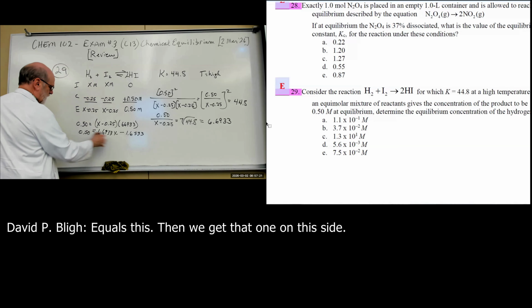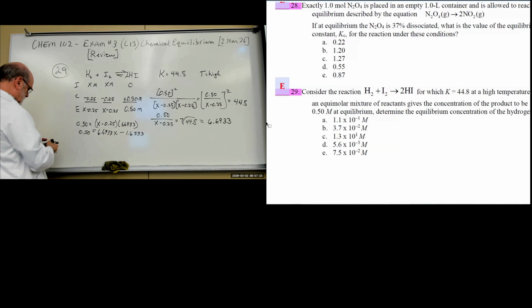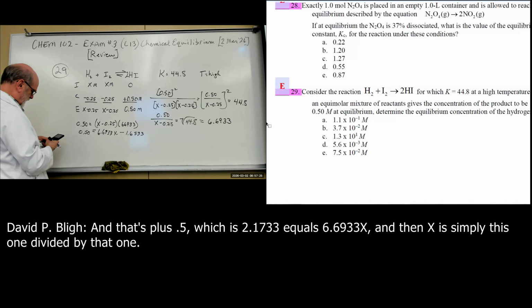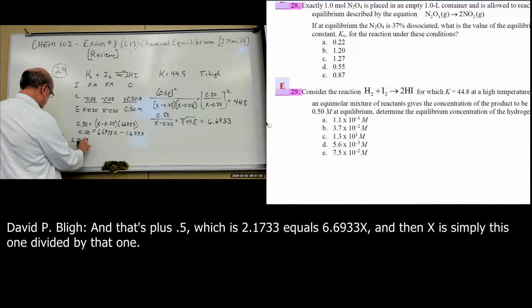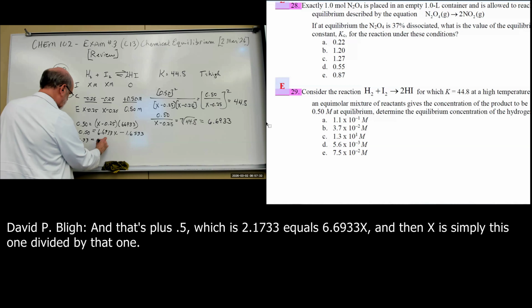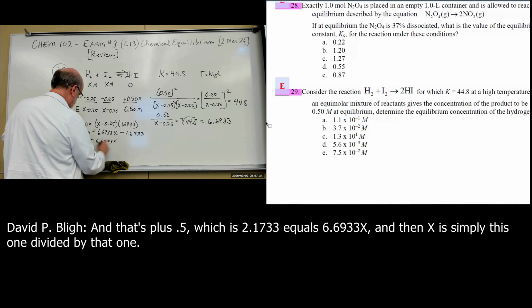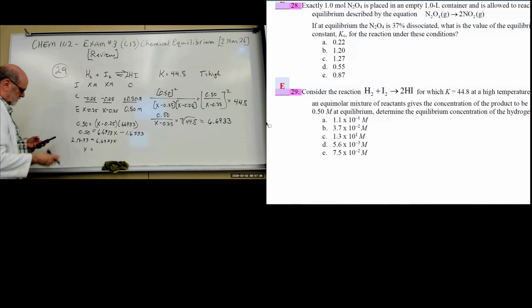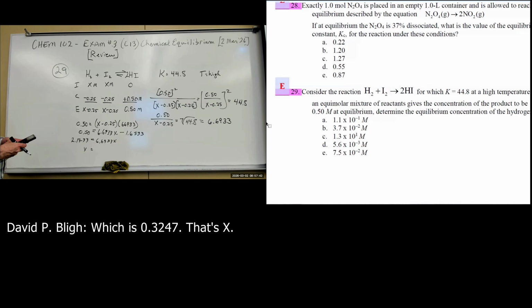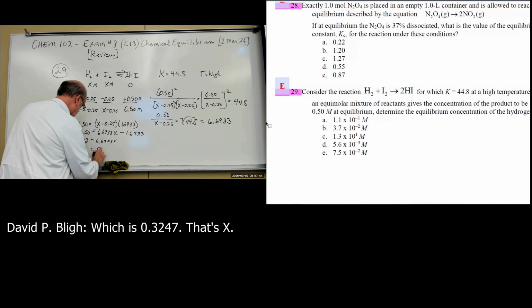We get that one on this side, and that's plus 0.5, which is 2.1733 equals 6.6933x. And then x is simply this one divided by that one, which is 0.3247.